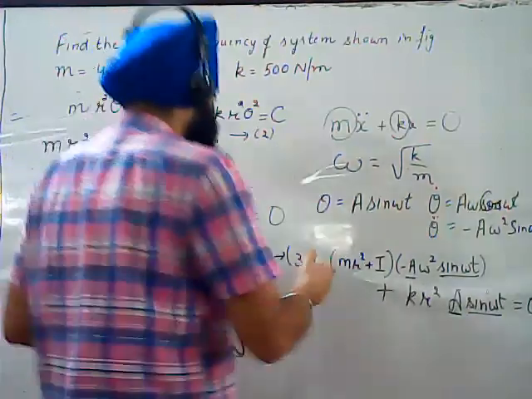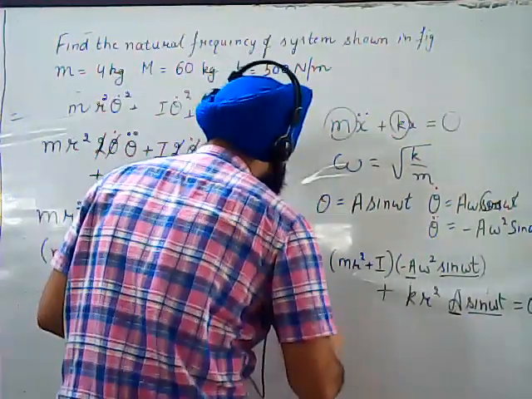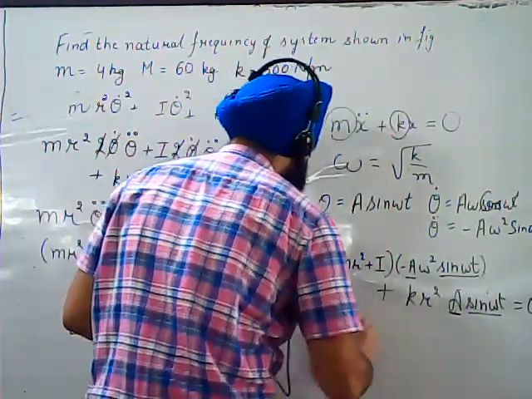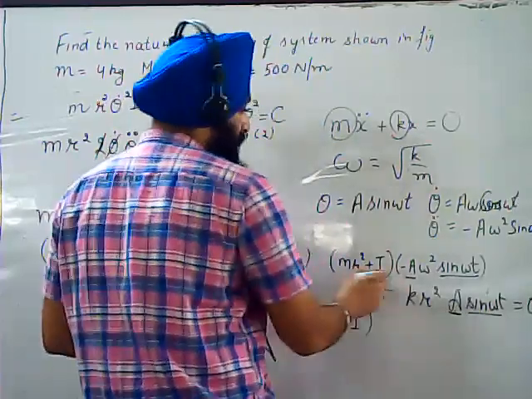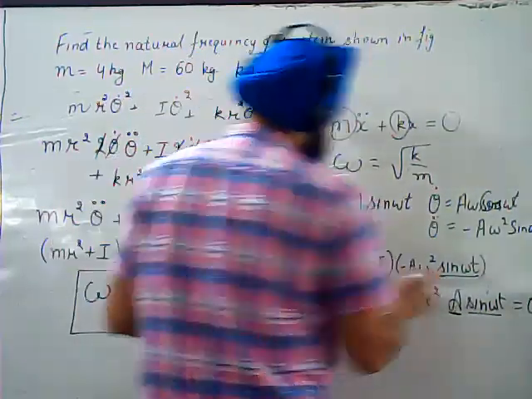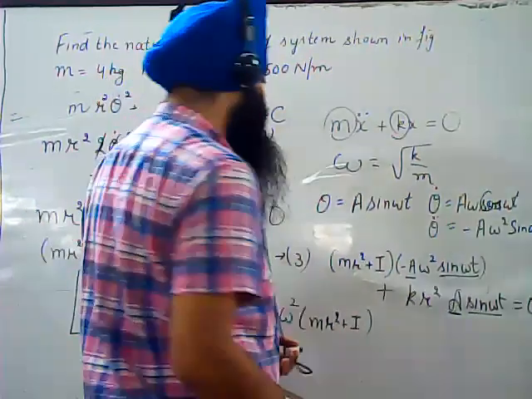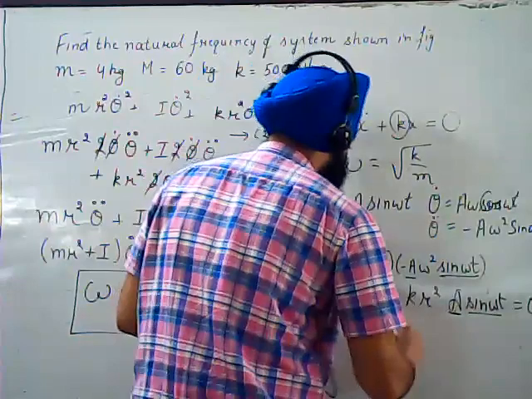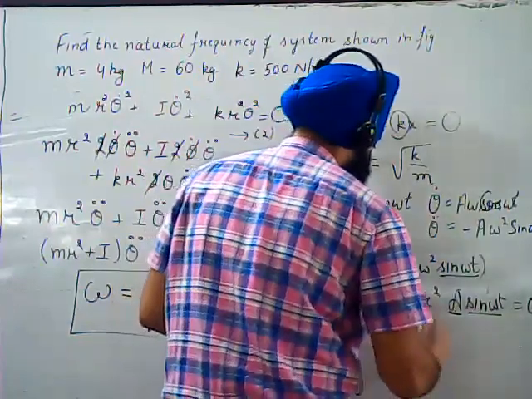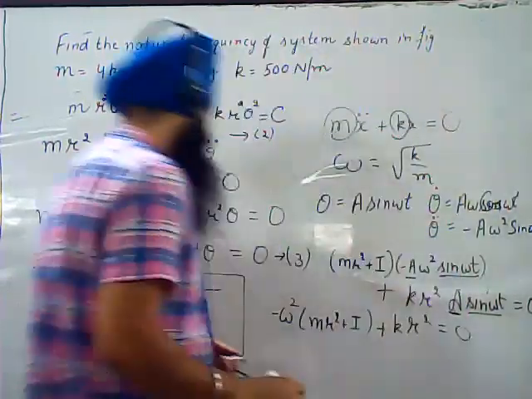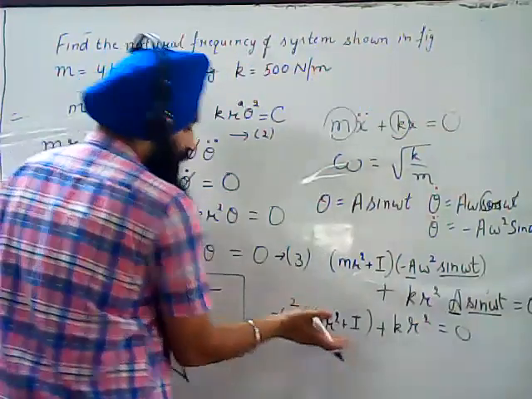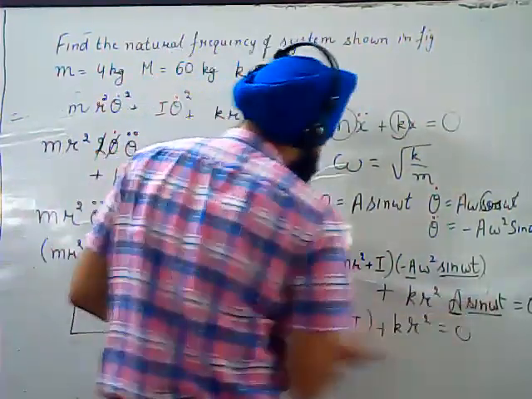This will be 0. The remaining terms will be minus omega square into m r square plus I, plus k into r square, equal to 0. When we move this term to the right hand side, it will become positive.